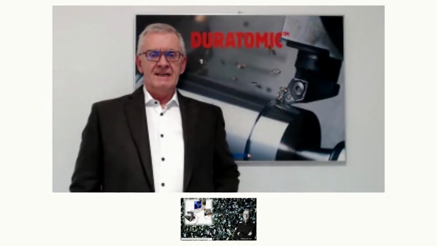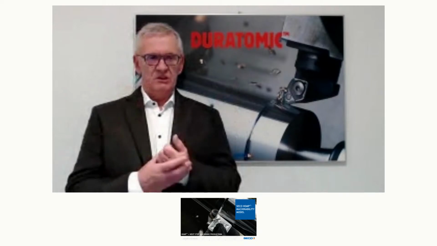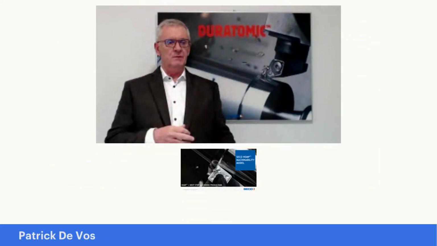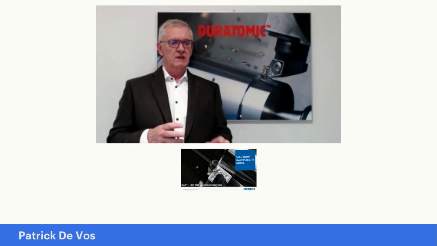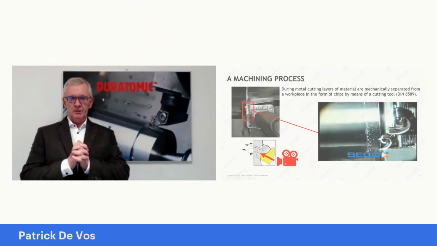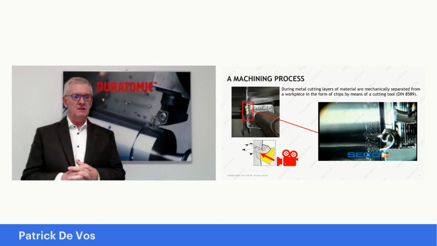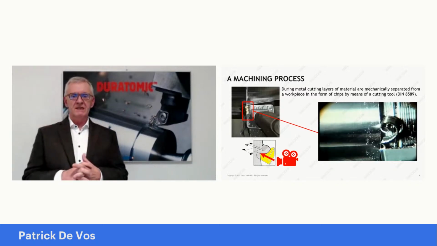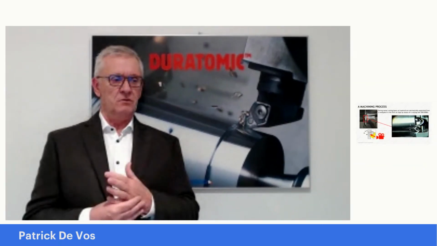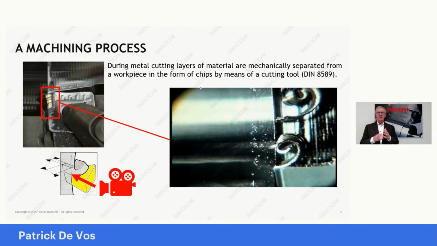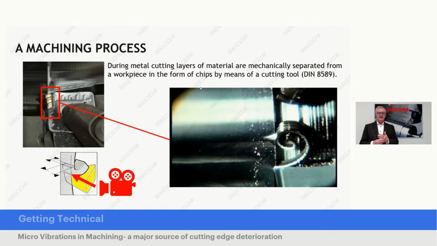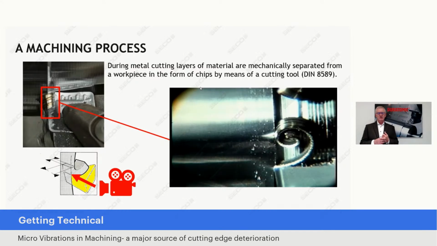Now, the basis for all the sessions we have in Getting Technical is what I refer to as the general machinability model we use. And machining as a process, and I prefer personally the term machining, because metal cutting can be confusing, because the moment people talk about cutting, they think of cutting with a knife, where machining is cutting, but it's a different process.